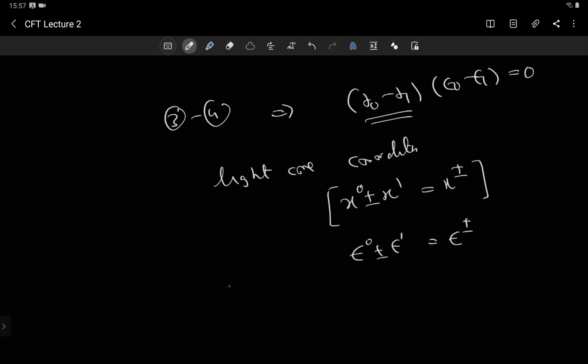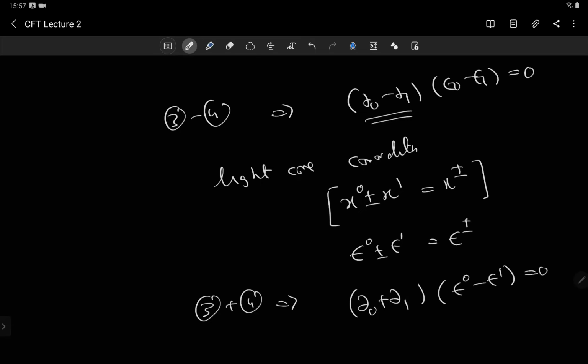If that is the case, then you can see the first equation, that is 3 plus 4. This would become del 0 plus del 1 acting on epsilon 0 plus epsilon 1, but if you take it upstairs, you'll get epsilon 0 minus epsilon 1 equal to 0, and this object is epsilon minus.